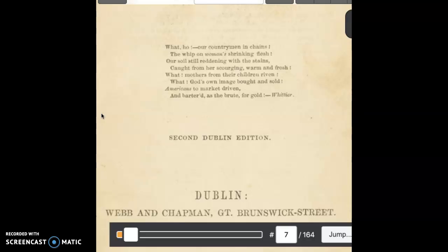What ho, our countrymen in chains, the whip on woman's shrinking flesh, our soil still reddening with the stains, caught from her scourging, warm and fresh. What mothers from their children riven, what God's own image bought and sold, Americans to market driven and bartered as the brute for gold.